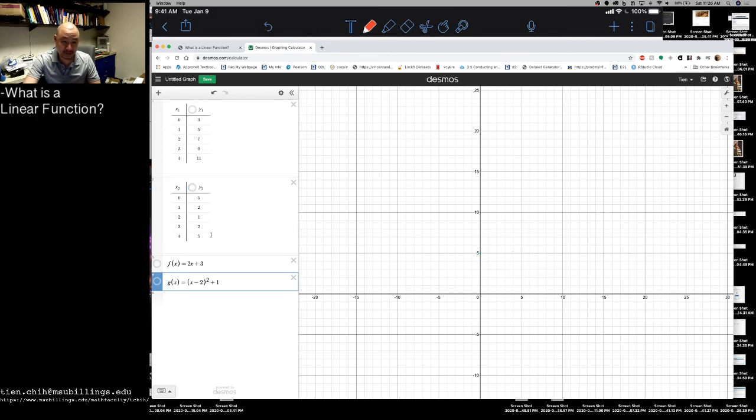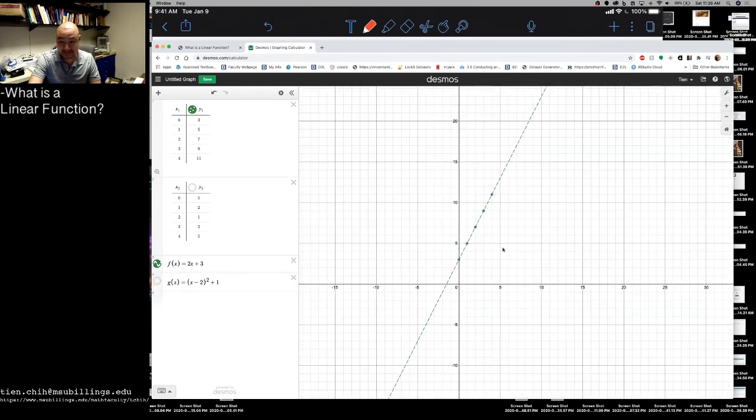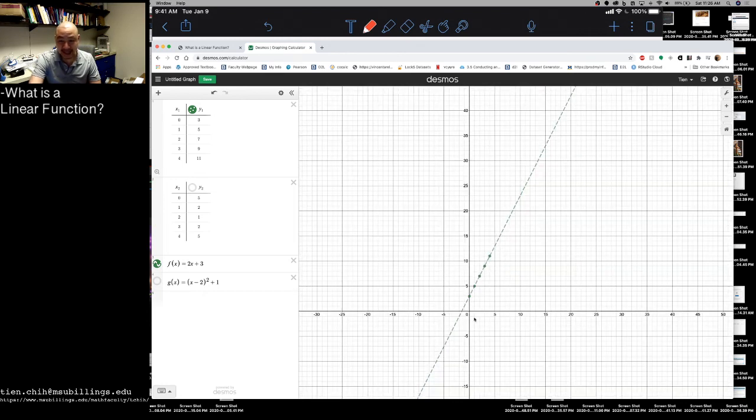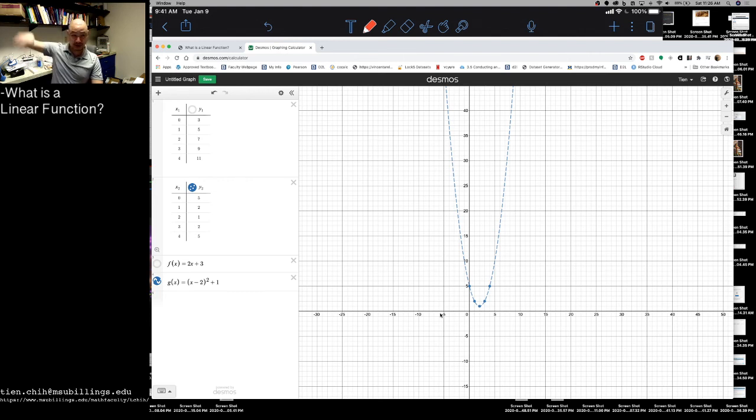Now, if I go ahead and graph this function here, and for right now we won't worry about how we got that function, if I plot that we see that this is a line, right, with these points on it, and that these points in fact align with being on a line. Whereas if I plot these points with this function, we can see that they align with this curve here, which is not a straight line.